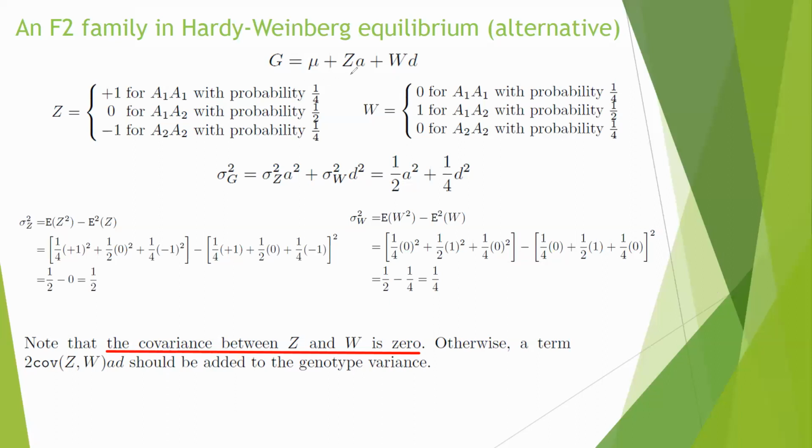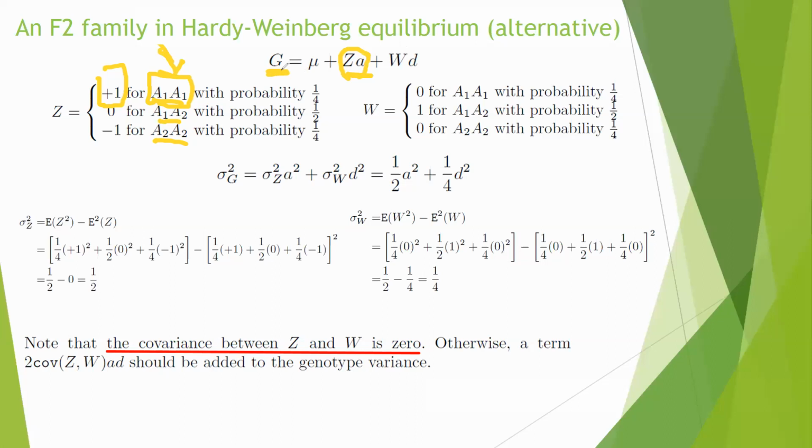Now let's look at the additive parts. Because this is an F2 population, we have three genotypes for any locus. For A1, I hope you still remember, we have a positive additive effect, so we define a +1 for this genotype. Any questions here? This is a linear combination model.